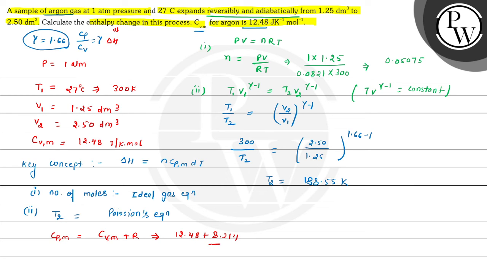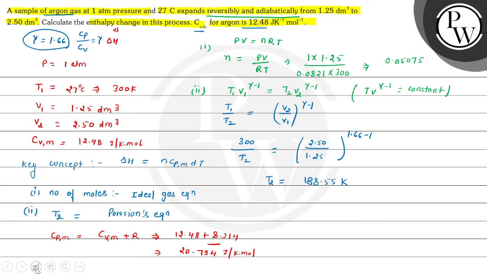In the ideal gas equation it is written as 0.0821, because the units there are liter atm, that means pressure is in atm and volume is in liter. Here CV is given in joule, so that is why R is written as 8.314. So the value of CPM, the molar heat capacity at constant pressure, comes out to be 20.794 joule per Kelvin per mole.